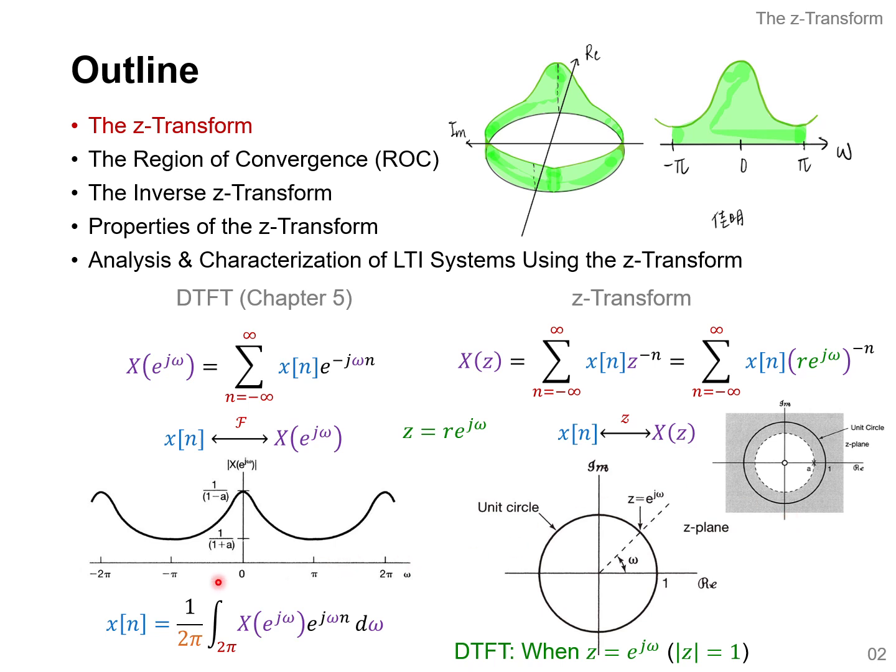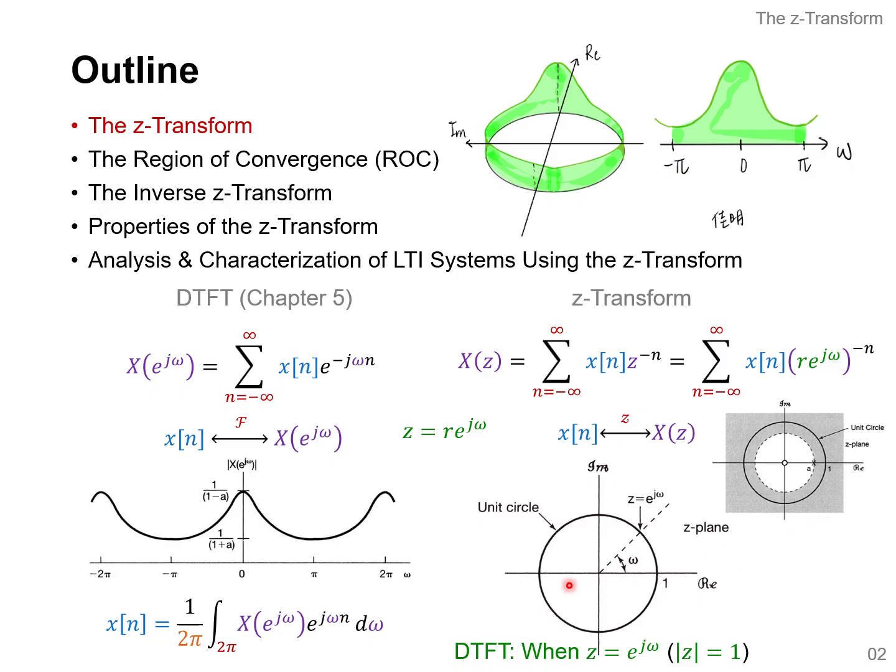Again, DTFT is a special case of the Z transform. When Z equals e to the j omega, the Z transform reduces to the DTFT. If the ROC includes the unit circle, like this, the Z transform can represent the DTFT.